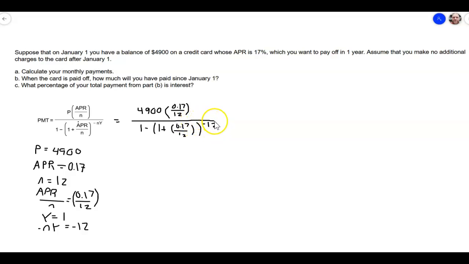So I'm going to get something that looks like this right here. I put a little extra set of parentheses around this fraction just to make sure I put that in my calculator correctly.